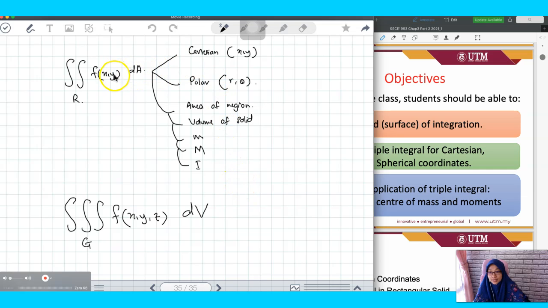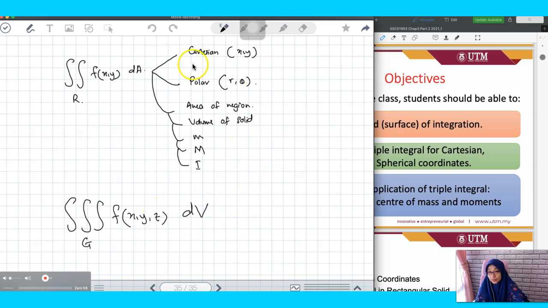Just like the double integral, you have to know how to determine the order of integration, and from the order of integration that you choose, you can determine your limits. The process is similar for the triple integral.